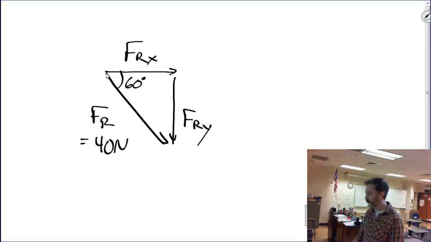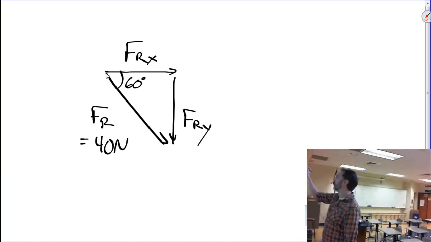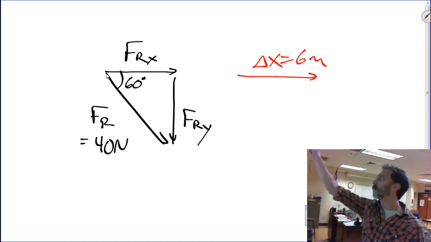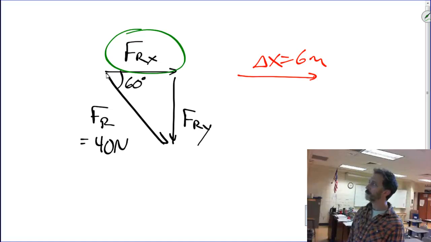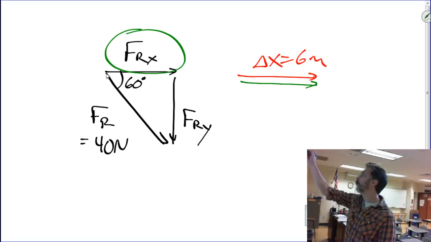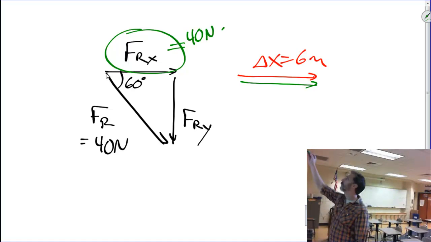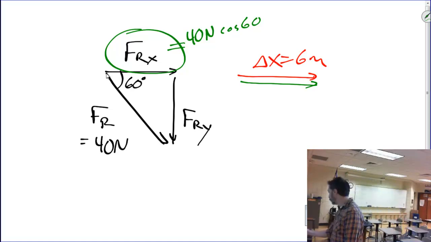Which one of those two is contributing to our displacement of 6 meters? Isn't it the horizontal component that's contributing to the horizontal motion? Using trig, this horizontal component would just be 40 newtons times the cosine of 60 degrees. So that's where that cosine comes from.